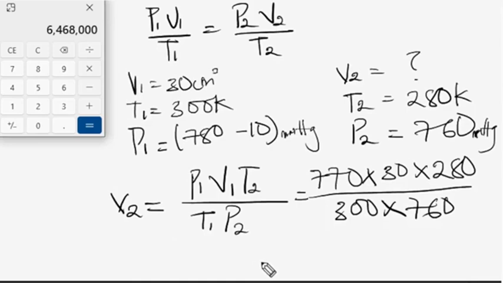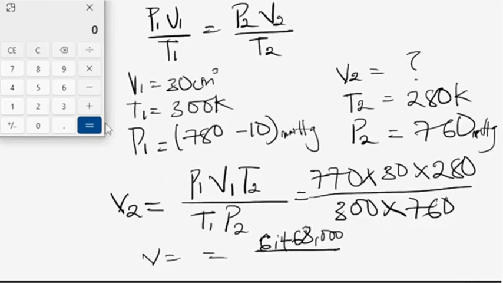So this will be 6,468,000, and this will be over 300 times 760, that's 228,000.